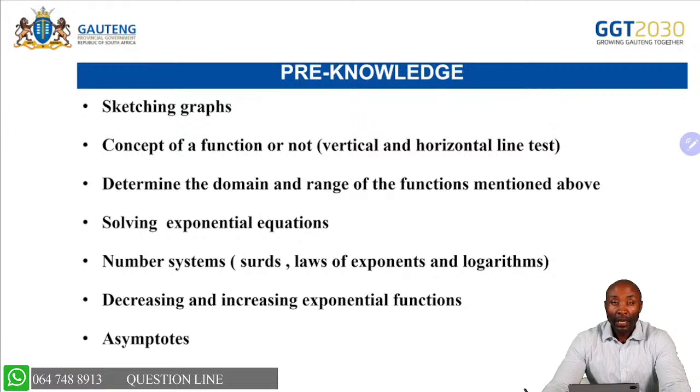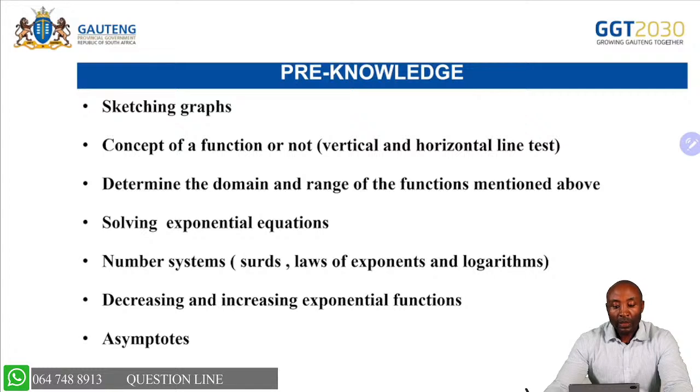Now, our pre-knowledge: we should use our knowledge for sketching graphs. We will use the concept of a function or not, the use of our vertical line test to check if it's a function, as well as our horizontal line test to check if our function is one-to-one.